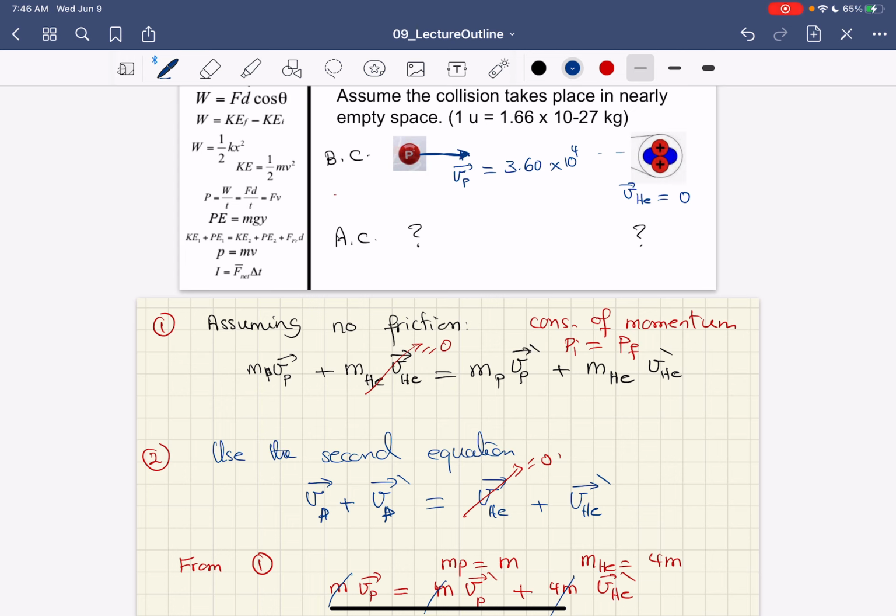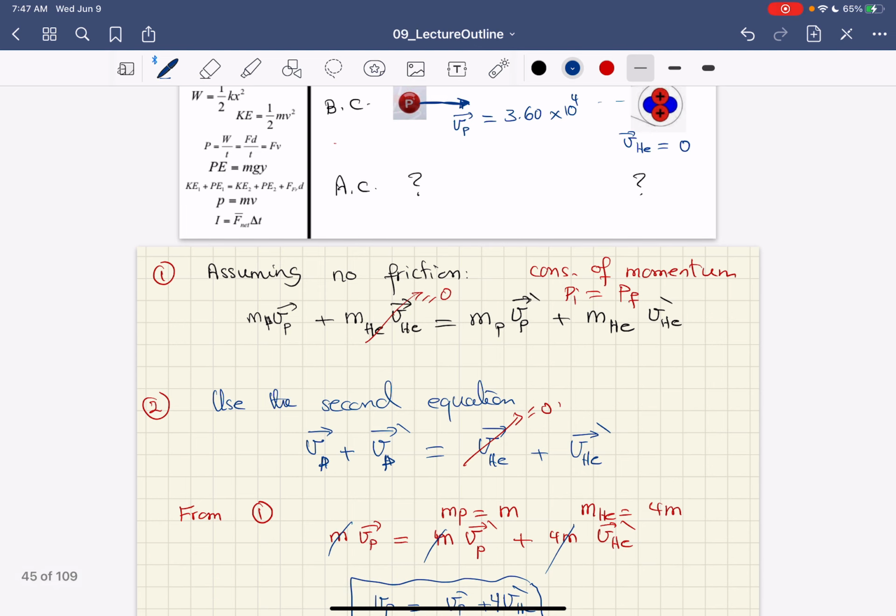Assuming no friction, conservation of momentum: P initial equals P final. Mass of the proton times velocity of the proton plus mass of helium times velocity of helium, this is before collision, should equal mass of the proton times velocity of the proton after collision plus mass of helium times velocity of helium after collision.